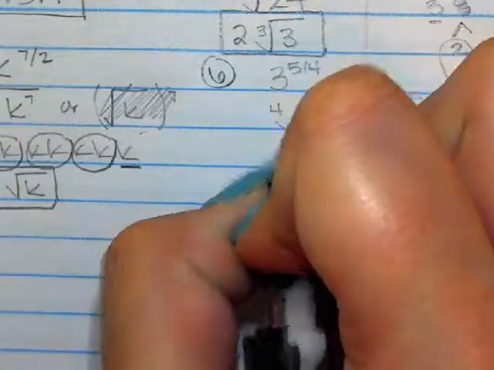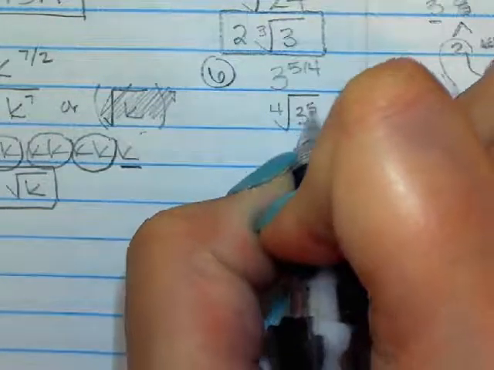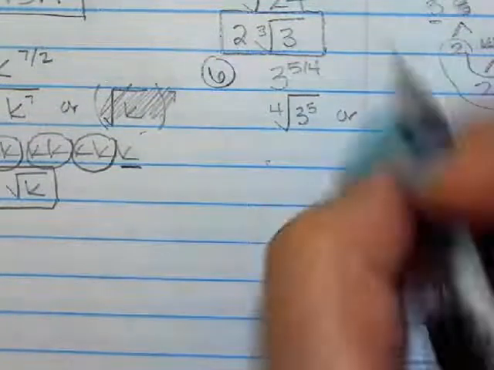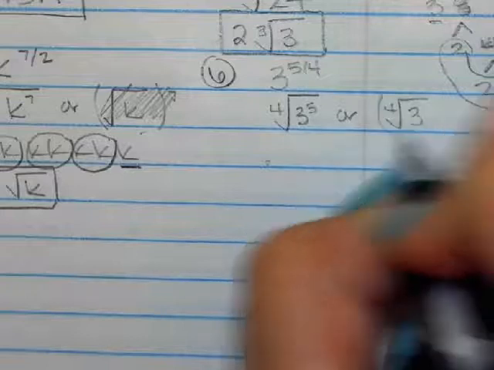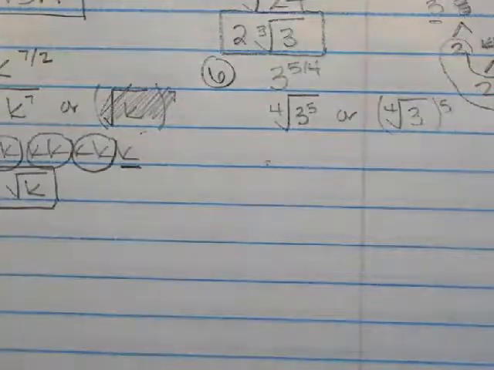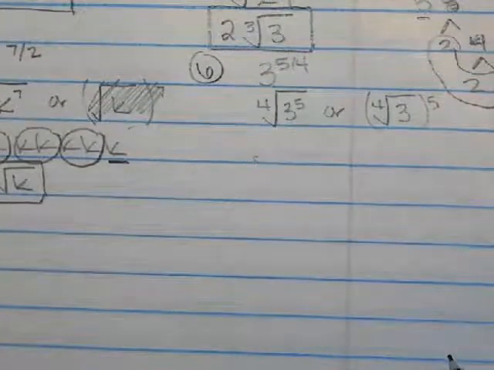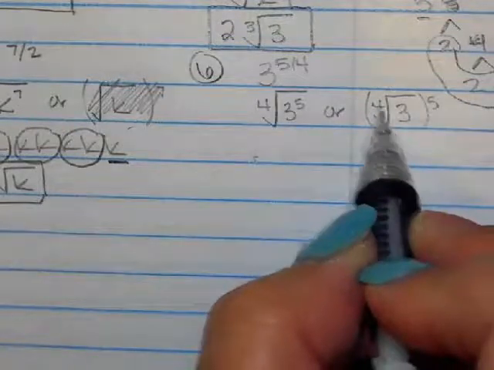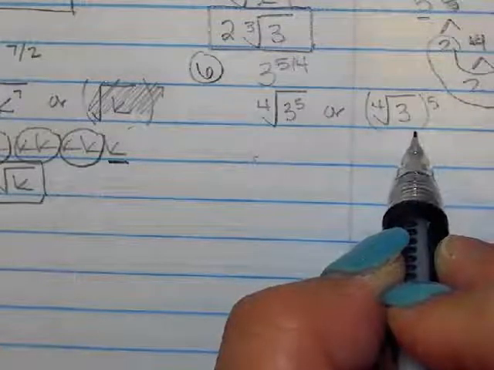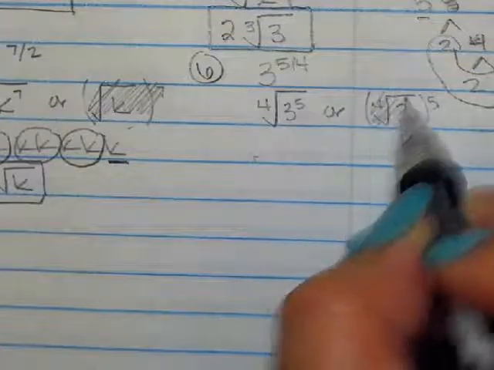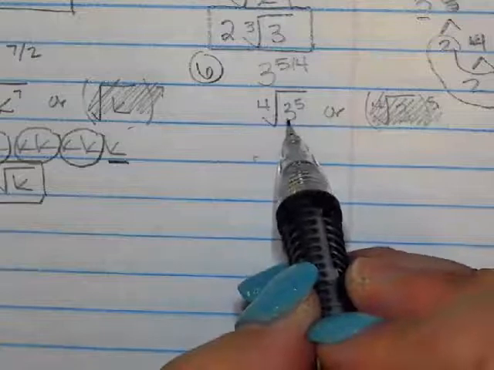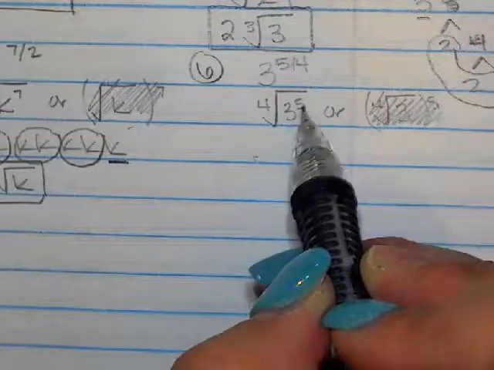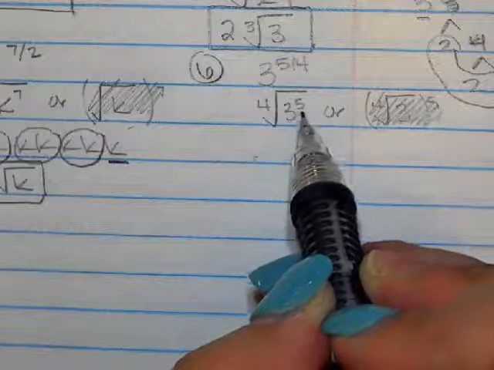Fourth root, 3 to the 5th, or fourth root, 3 to the 5th. I can't do the fourth root of 3 because I don't know what that is. I don't want to just do 3 to the 5th though, because I know that this can be reduced.